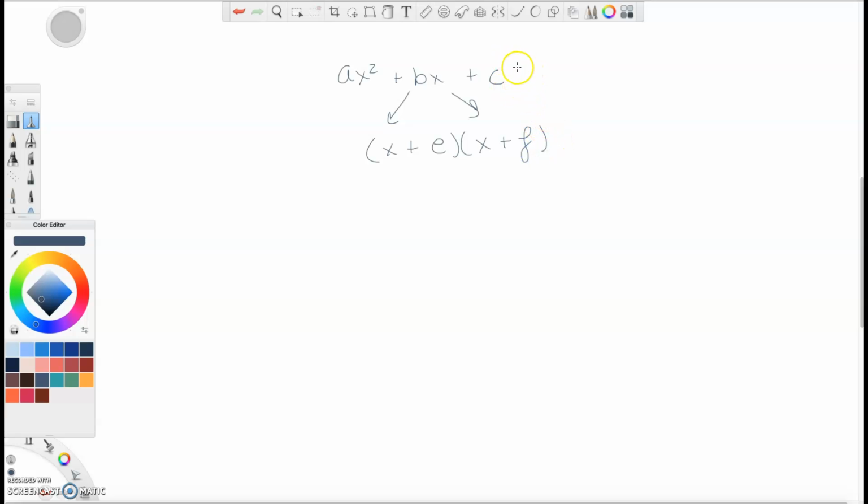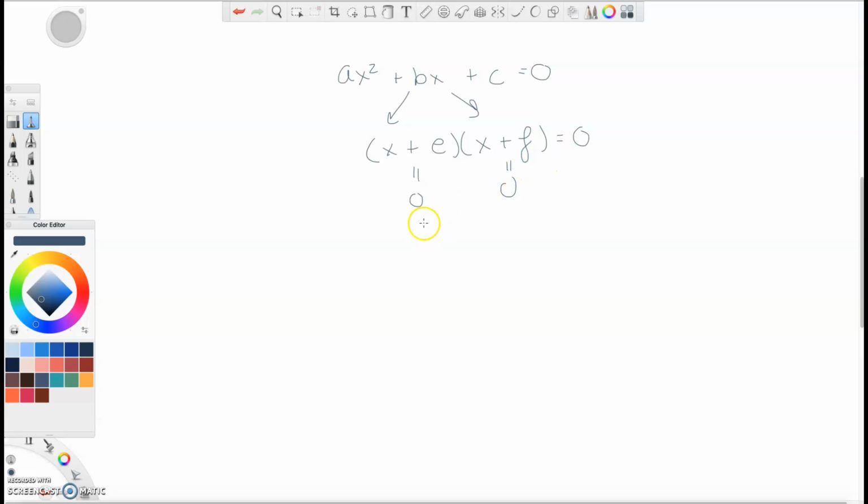Now, if we set this equal to 0, we have an equation, and we're able to solve it for any value of x that will result in an answer of 0. More often than not, you are going to get more than one x value that satisfies this equation. When we set these factors equal to 0, we go through each one individually.